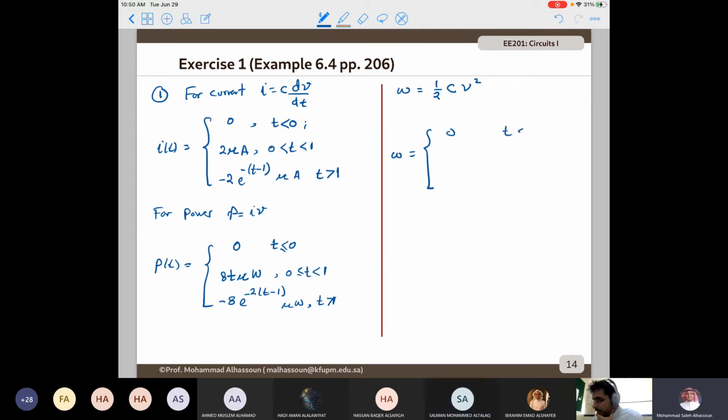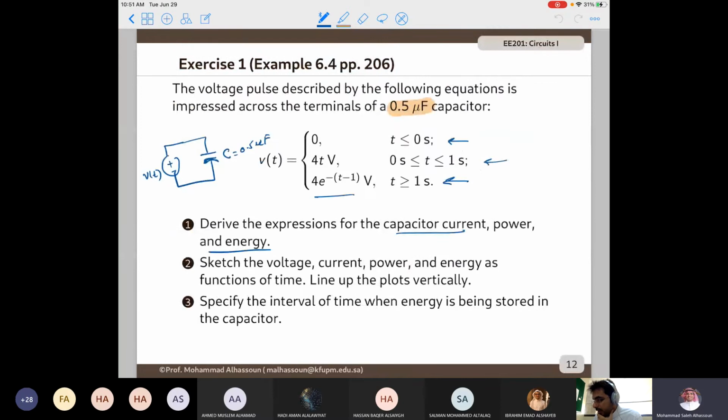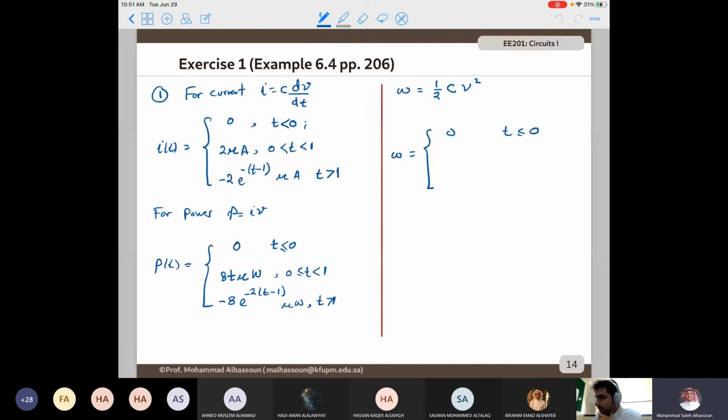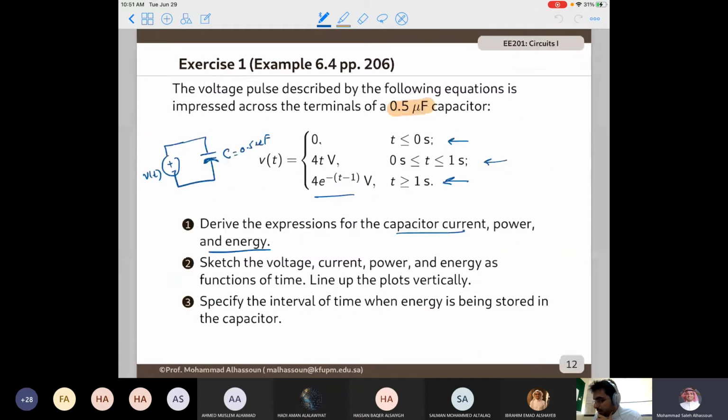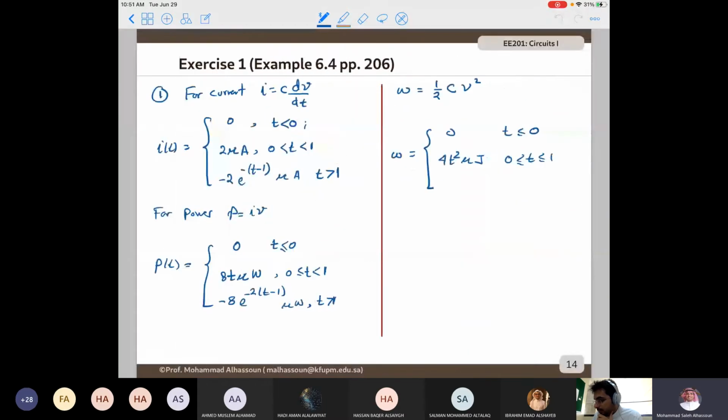The first one is correct, 0. The second one has C as 0.5, so 0.5 multiplied by 16 is 8, and you have another half, so it's going to be 4t square microjoules. And the third one will be 16 multiplied, again it will be 4.